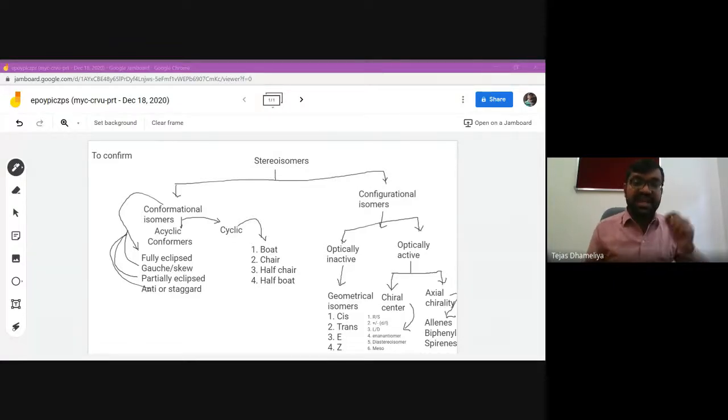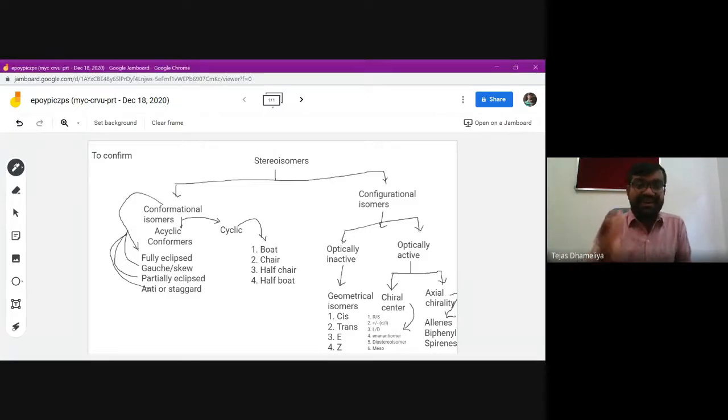I learned this classification from my teacher who taught me organic chemistry in B Pharm. I have never seen this complete classification in any organic chemistry book: isomers, constitutional isomers, configurational isomers, then having chiral center, without chiral center, optically active, optically inactive, acyclic, cyclic. You will find this only here in this session.